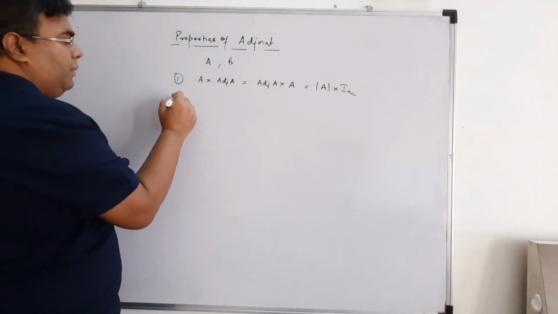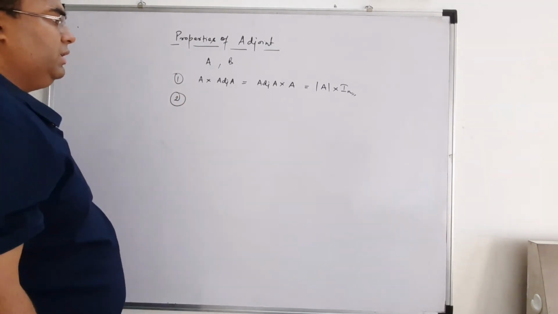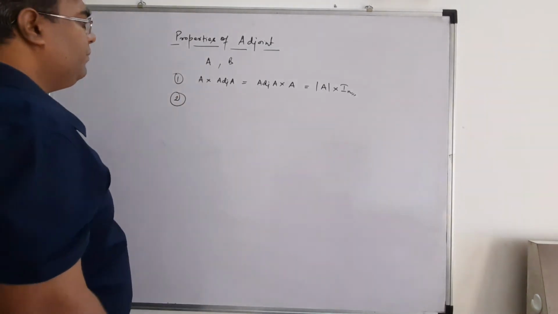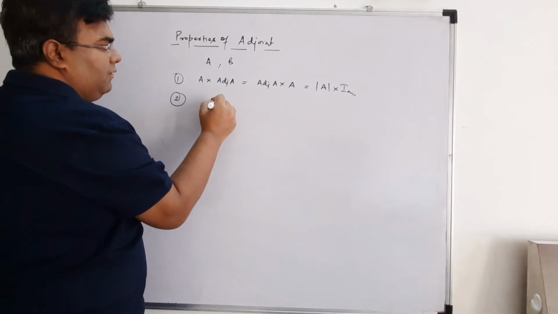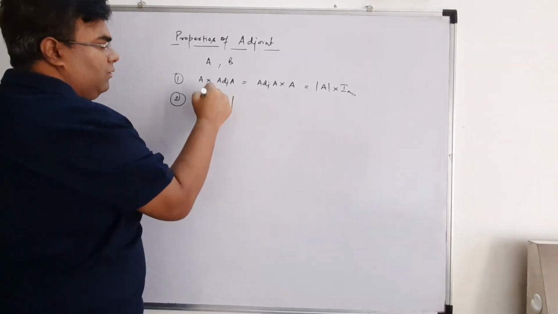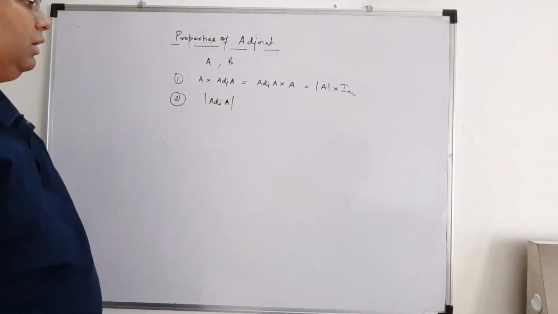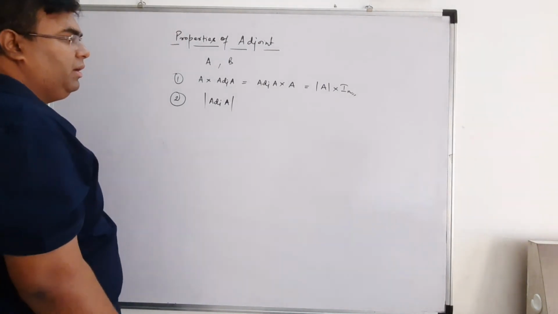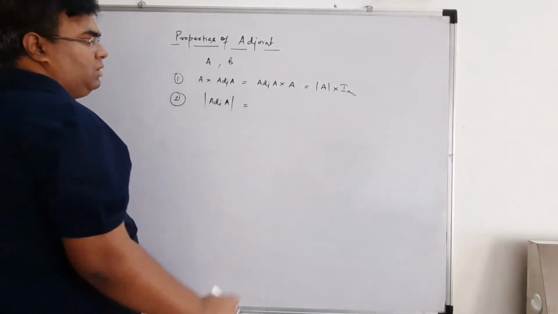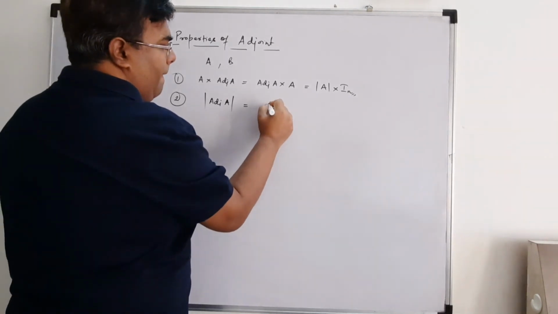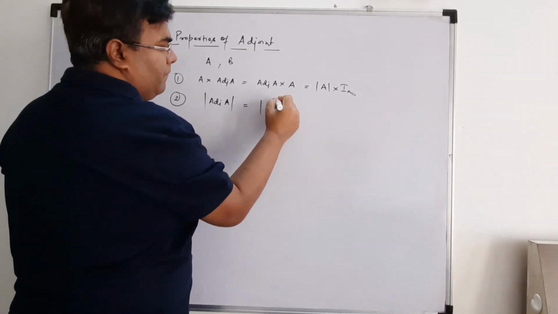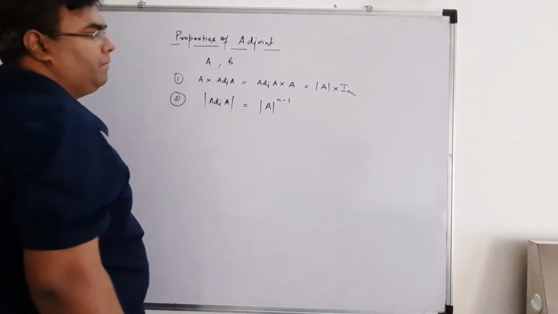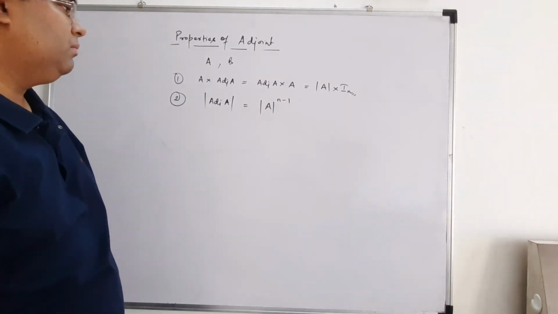Okay. The second property is if you want to find the value of adjoint A, the determinant of adjoint A, this is my mod A raised to n minus 1.